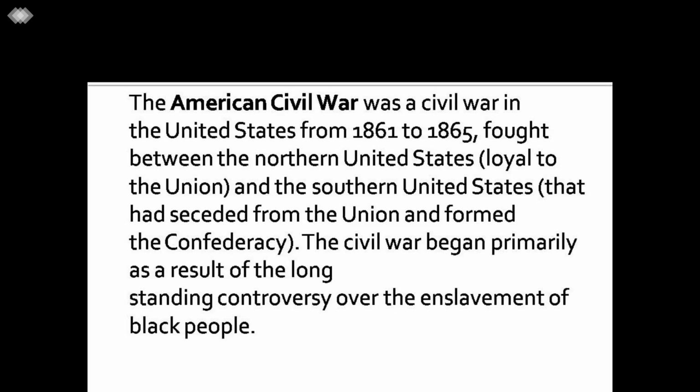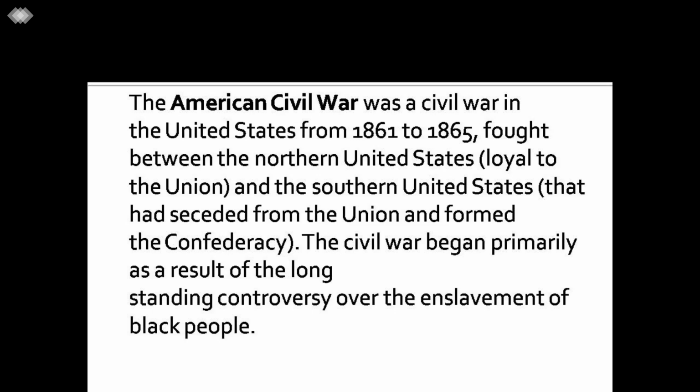the black people. The southern states felt that their interests were threatened when Lincoln, the Republican candidate, was elected President of the USA. Even before Lincoln had taken office, 7 of the southern states broke away from the Union and formed the Confederate States of America.